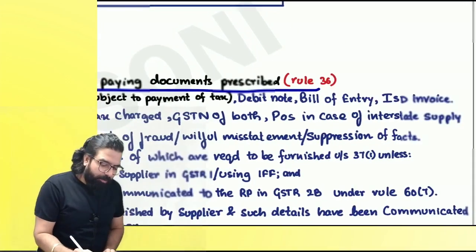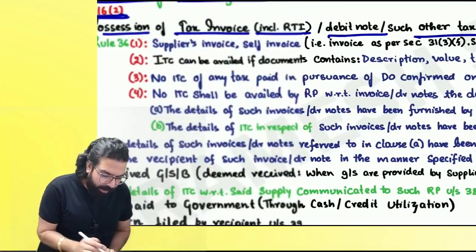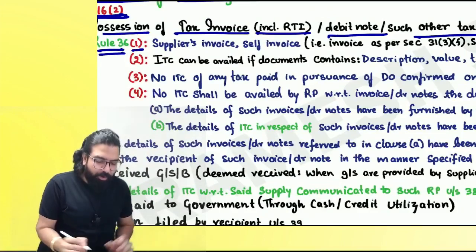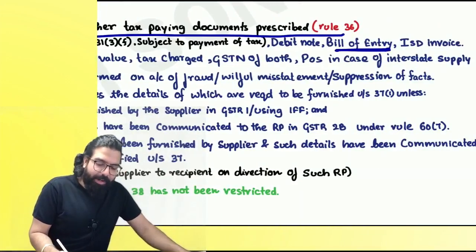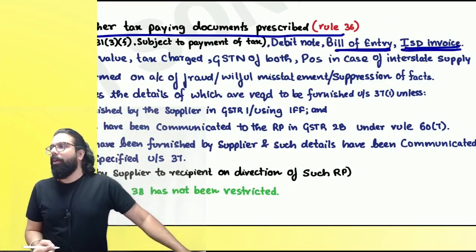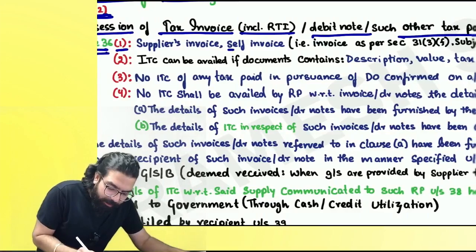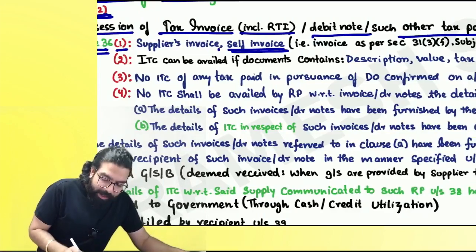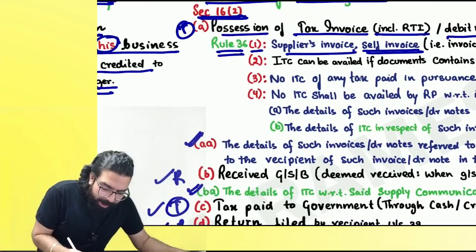And the various documents are which one? BIRDS. See over here, Rule 36(1) says you should have BIRDS. What does BIRDS mean? B for bill of entry, I for ISD invoice, R for RCM case mein self invoice, D for debit note, and S for supplier's invoice.